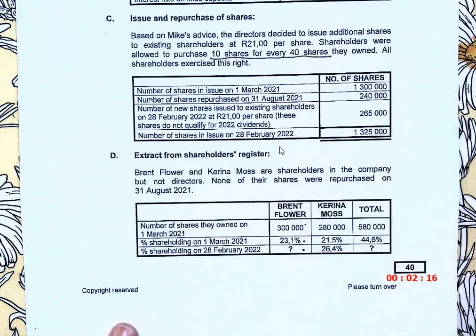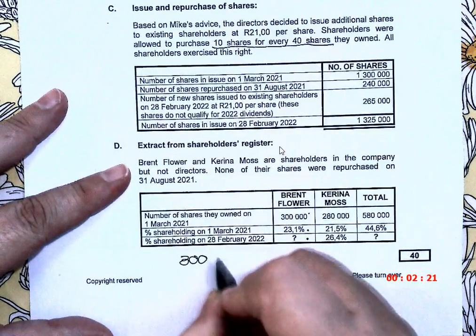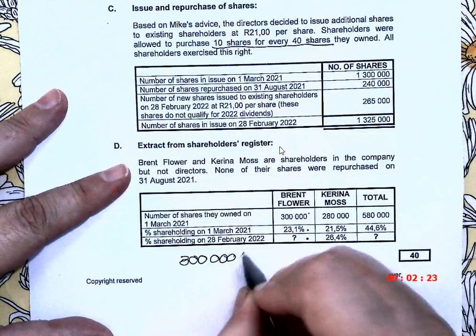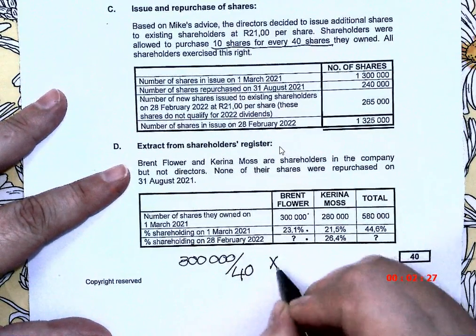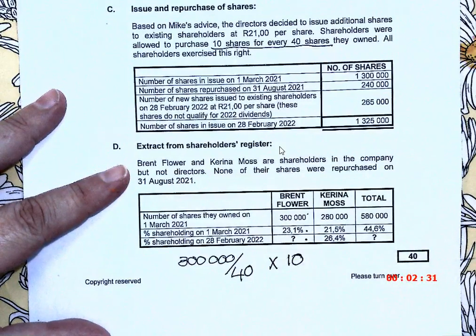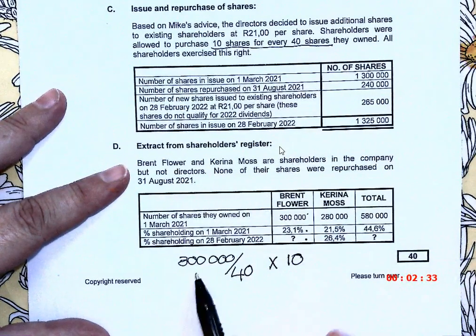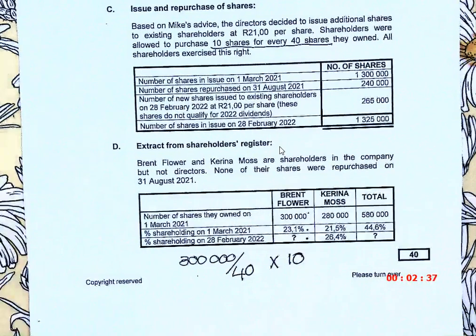Okay, so now let's quickly think. He had 300,000 shares. For every 40 shares, he can buy 10. Does that make sense? No. So if I say the 300,000, I want to see how many shares he's got that he can buy 10 for.